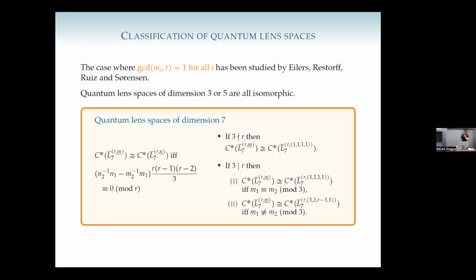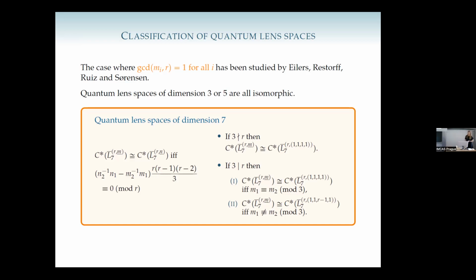Yeah, but let me first say that from this result here, you can say that if 3 does not divide R, it has something to do with the number 3 you have here, then all the quantum length spaces are all isomorphic. You can also say they're all isomorphic to the one where you have just 1 everywhere.